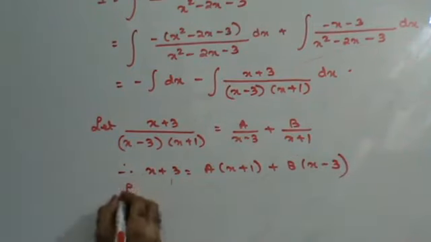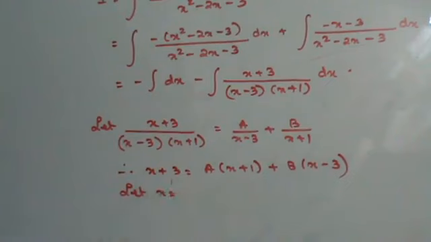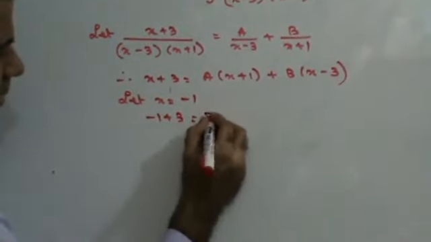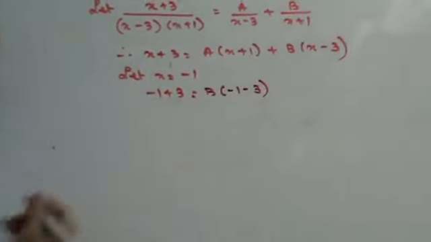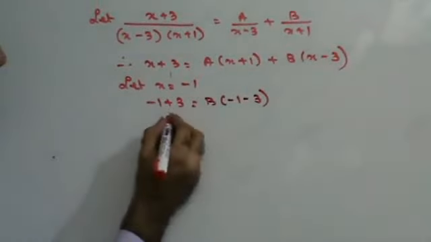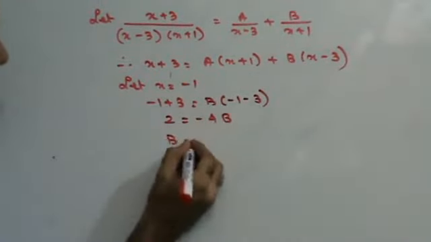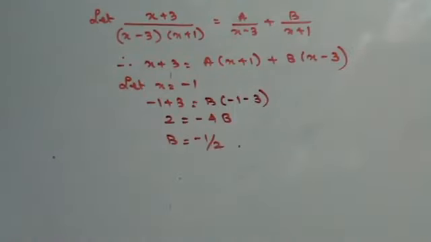To make the first bracket 0, you will say let x be equal to minus 1. So if x is minus 1, minus 1 plus 3 is b times minus 1 minus 3. So in which case I'll get 2 is minus 4b. So b is minus 1 upon 2.